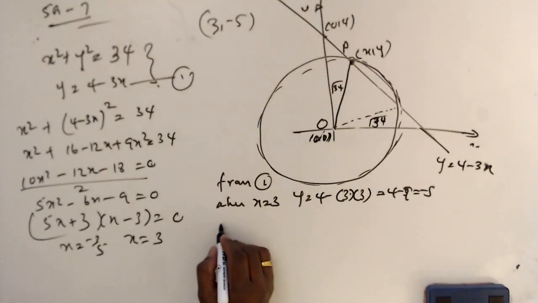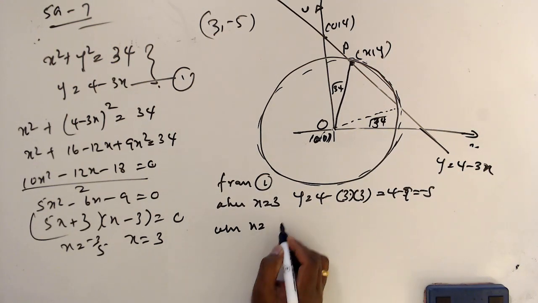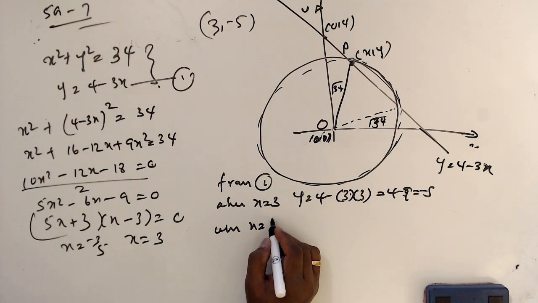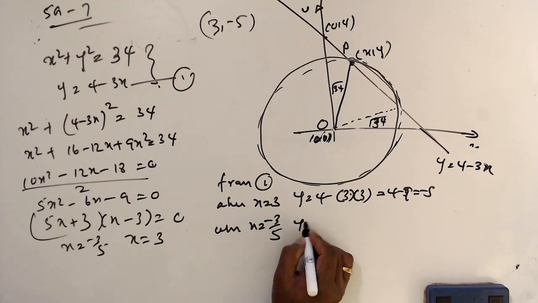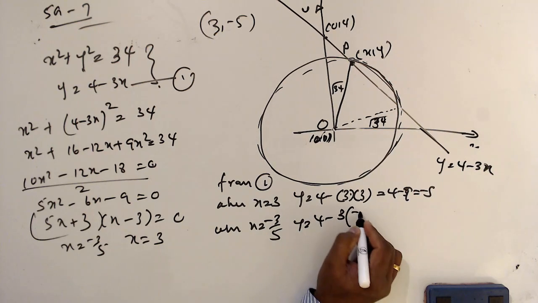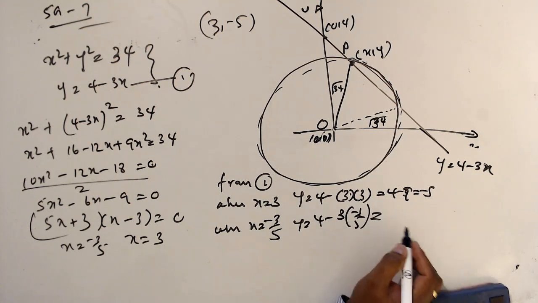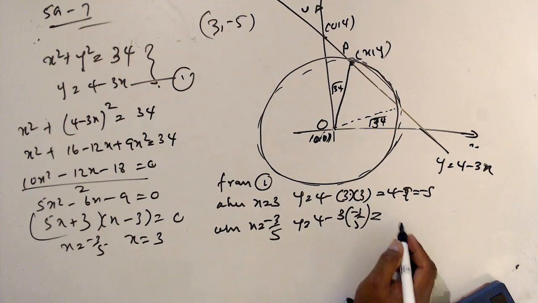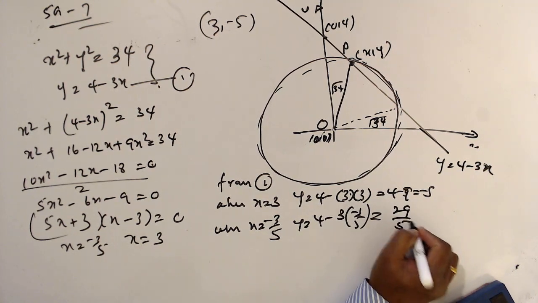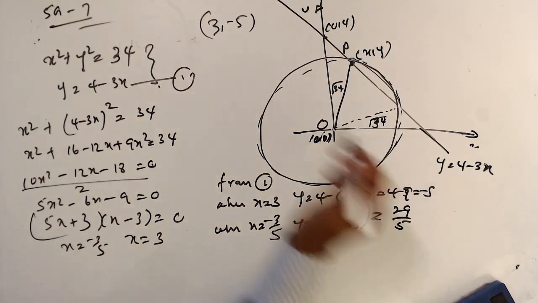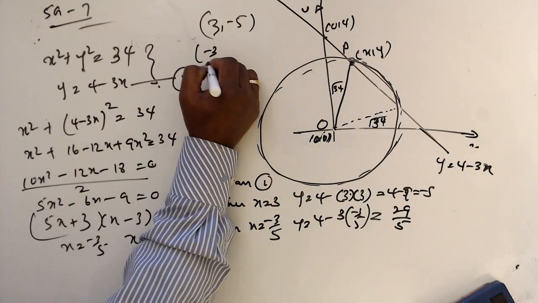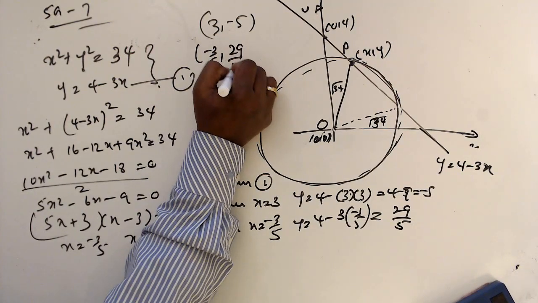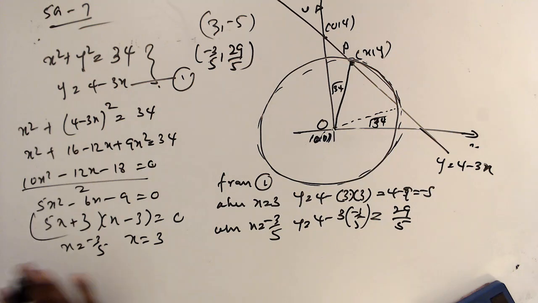When x equals minus 3 over 5, y equals 4 minus 3 times minus 3 over 5, and the answer was 29 over 5. So minus 3 over 5 and 29 over 5. But you should be able to handle both ways.